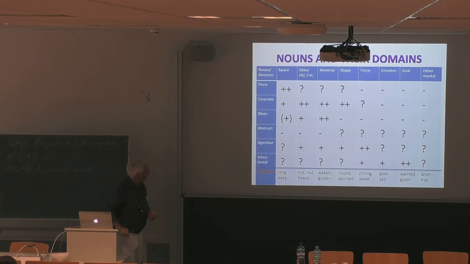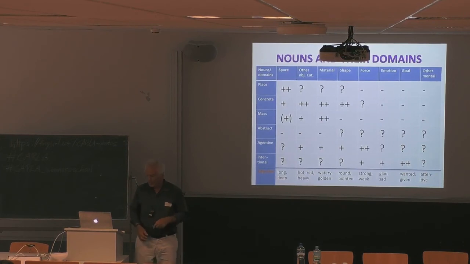And now, down here is a list of adjectives that go with the different domains. So there are space adjectives, there are object category domains, and so on. And the point here is that given this sorting of adjectives, I can use the minus signs to make predictions about impossible combinations of adjectives and nouns.